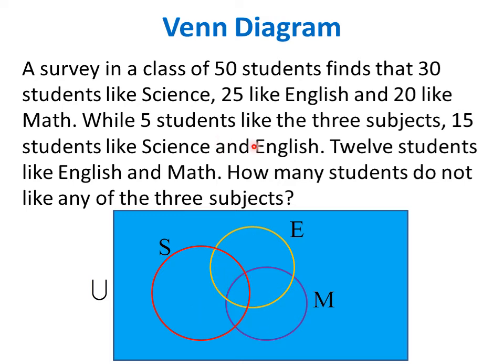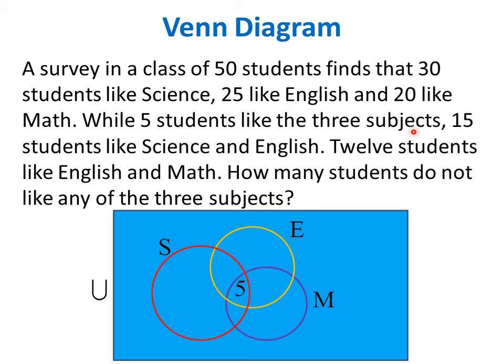Okay, first let's consider the intersections, especially the intersection of the three sets. In here we have 5 students who like the 3 subjects. So in this intersection of the 3 sets, we have 5 students. Okay, next, how about the intersection of science and English?